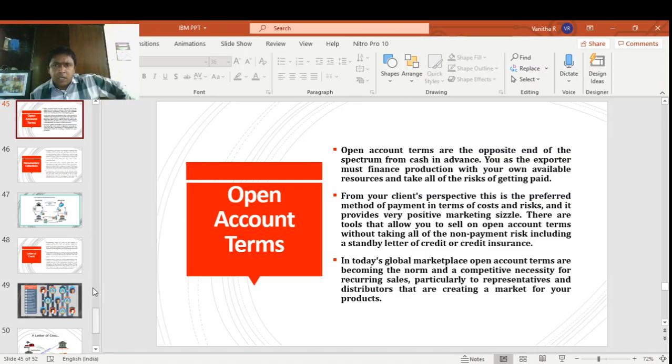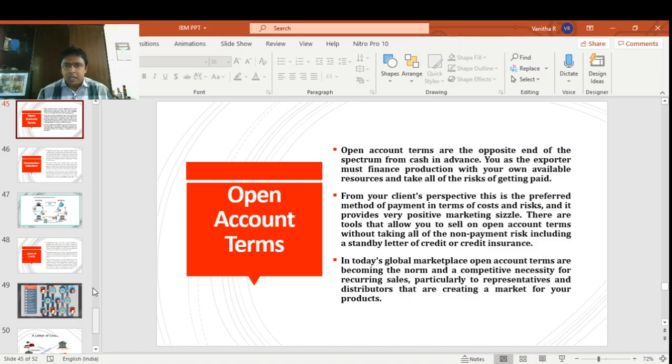Open account terms are the opposite end of the spectrum from cash in advance. You as the exporter must finance production with your own available resources and take all the risks of getting paid. Especially this happens to the exporter. Then, from your client's perspective, this is the preferred method of payment in terms of costs and risks, and it provides very positive marketing sizzle.